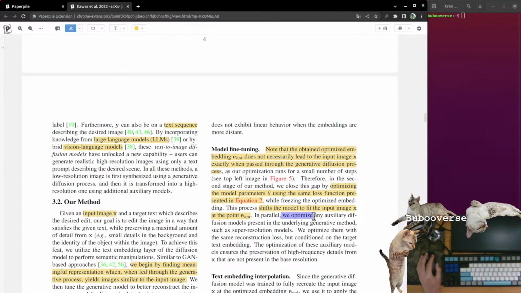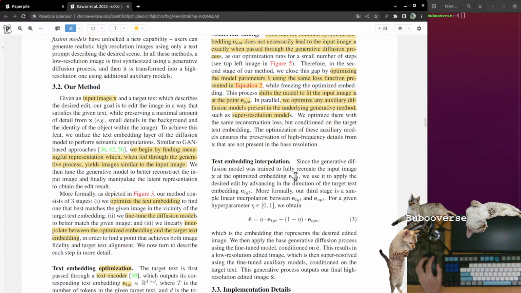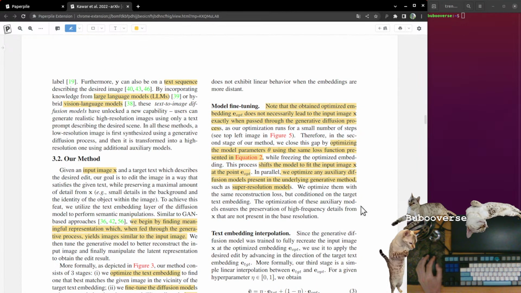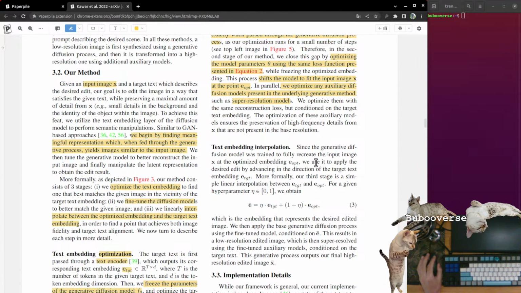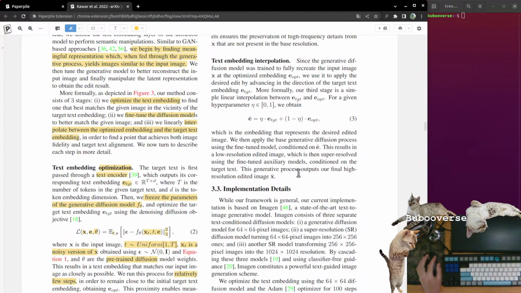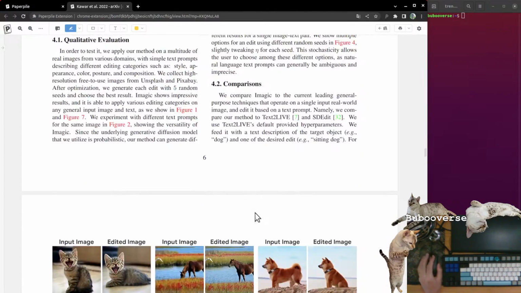We optimize any auxiliary diffusion models present in the underlying generative method. What? So they have other models here, super resolution models? Damn, dude, they're just going to say that in like one line and they're not going to mention it again? Damn, we really need more details here.